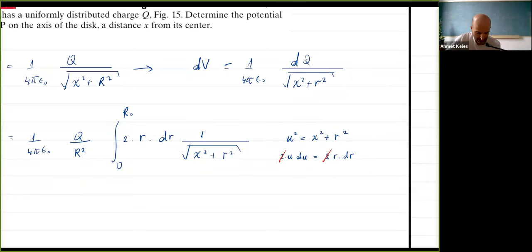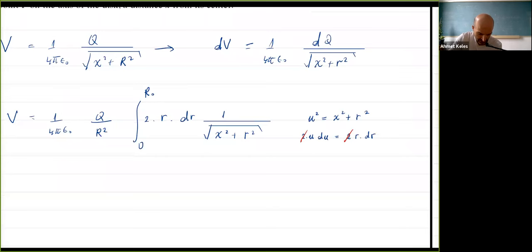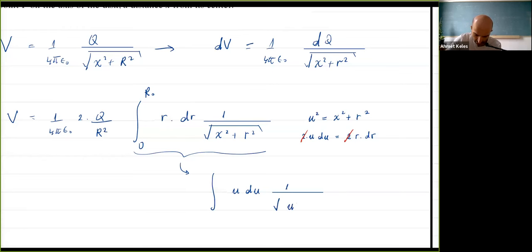Right? So let me do this. Maybe I can take 2 outside too because I don't want to deal with this. So this is u du, and this is 1 over, okay, x squared plus r squared, so I put u squared.